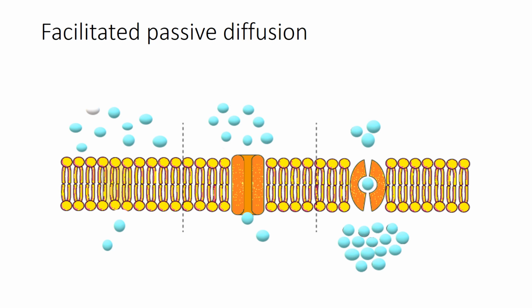The resulting complex of carrier plus substrate moves across the membrane and releases the substrate on the interior surface. This process is selective. It's limited by the availability of carriers and it doesn't require energy. Importantly, it doesn't allow transport against the concentration gradient.